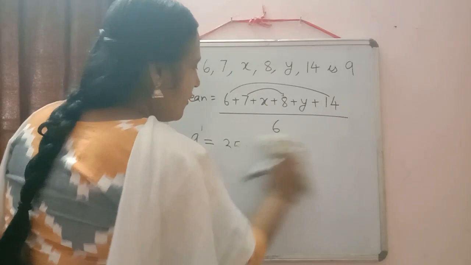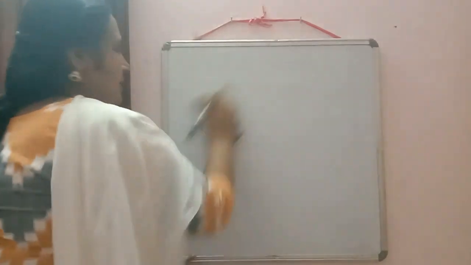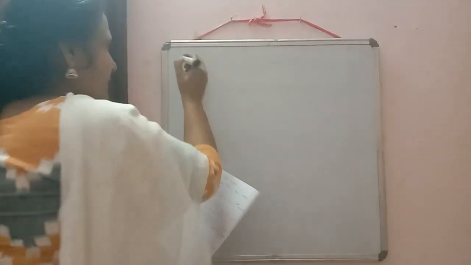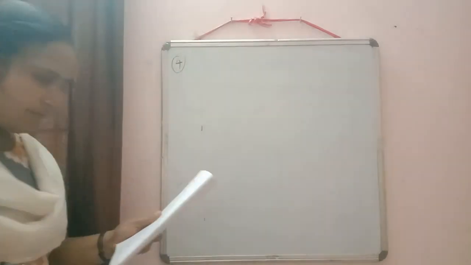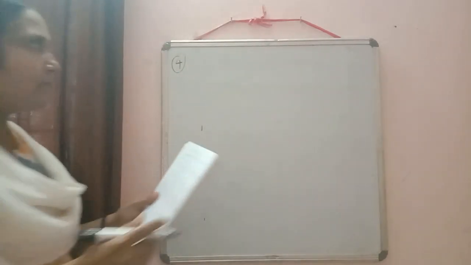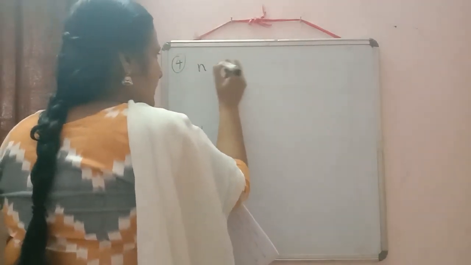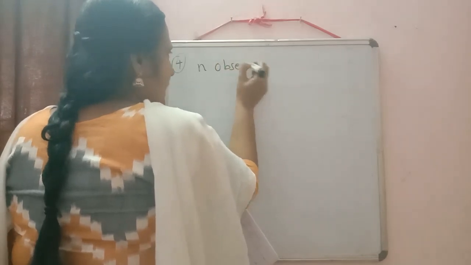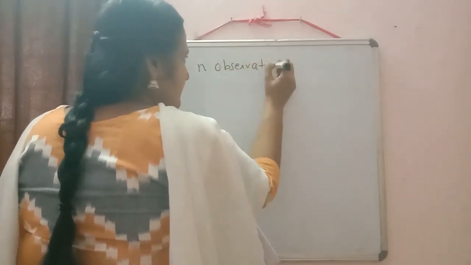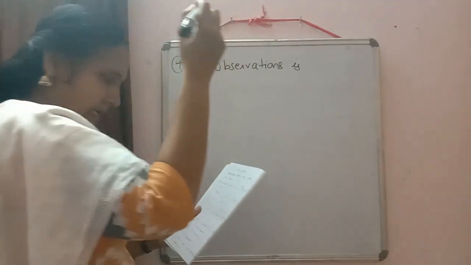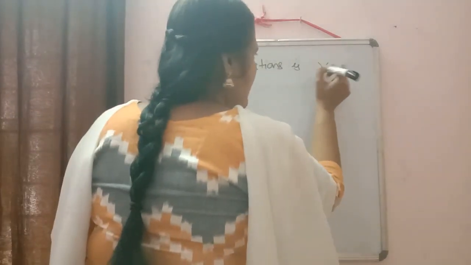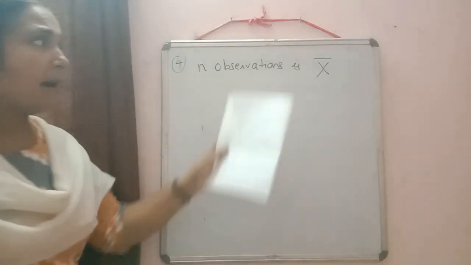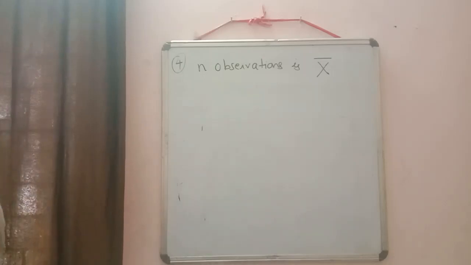Question number 4. It is written, if mean of n observations is x bar, mean they gave by the letter x bar, a line at the top.